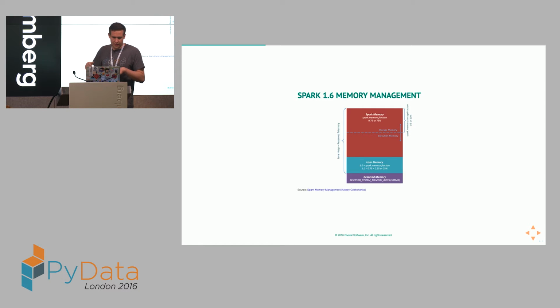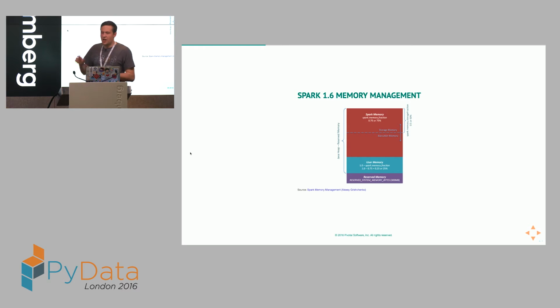So these sort of things spill into execution memory, whereas storage memory is used for caching and distributing internal data sources across clusters. And then there's user memory. User memory you can use to store your own data structures. You can basically do whatever you want in the user memory.